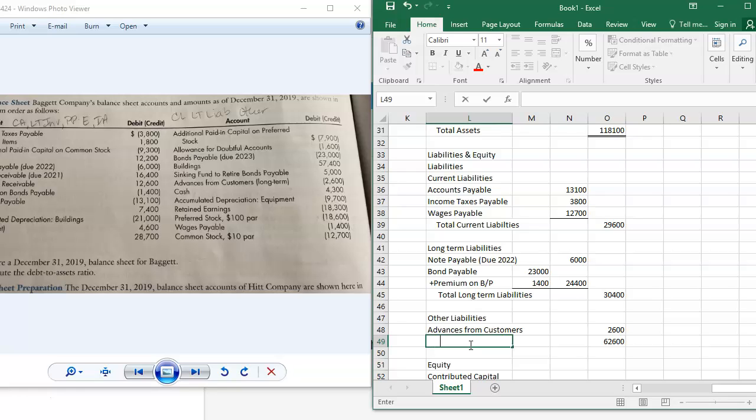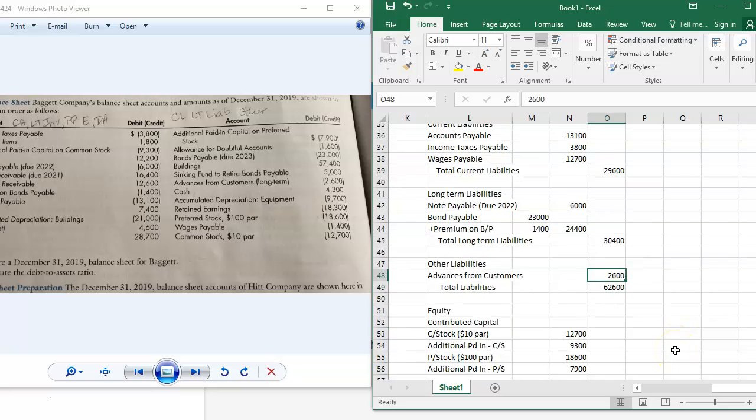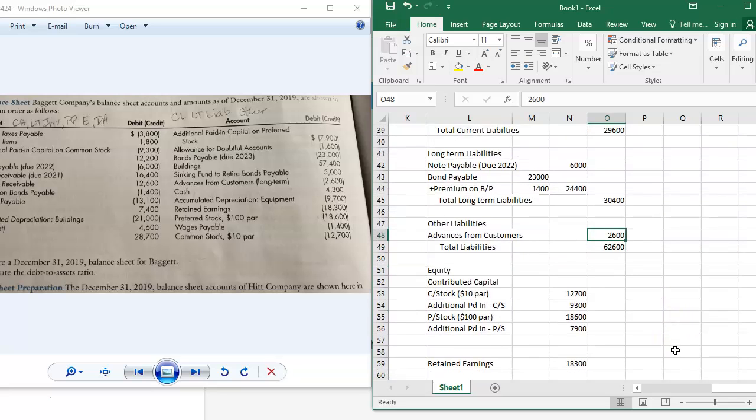All right, so this is my total liabilities. All right, and I don't put a double underline under that because I'm not done yet. I need to add liabilities and equity together to get my total.